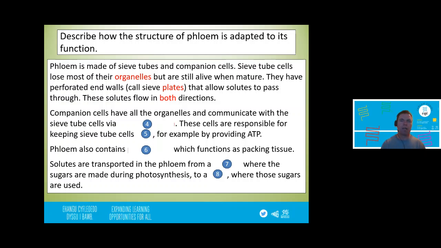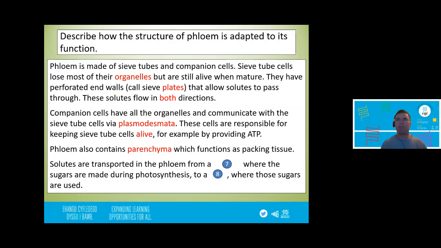In xylem, you've got water and minerals moving up through the plant in one direction only. Solutes flow in both directions. Companion cells have all the organelles and communicate with the sieve tube cells via plasmodesmata. These cells are responsible for keeping sieve tube cells alive, for example, by providing ATP. Phloem also contains parenchyma, which functions as packing tissue.